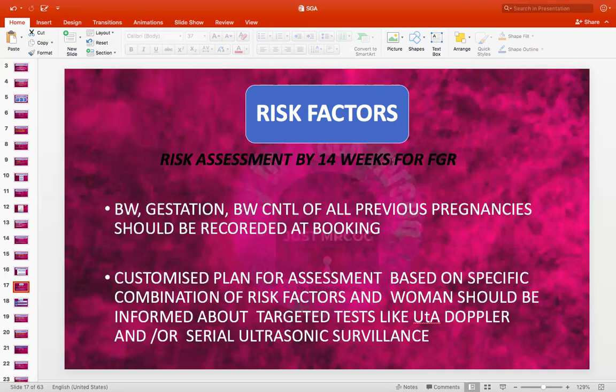So at 14 weeks we assess her, and we check previous birth weight, centile, and weeks of pregnancy when she delivered. And on the basis of this risk assessment, what is the level of risk she has, high risk, moderate risk, or low risk, we are going to offer her a customized plan, right? And we will also inform her that she might be offered some targeted tests like uterine artery, umbilical artery, or serial ultrasound.